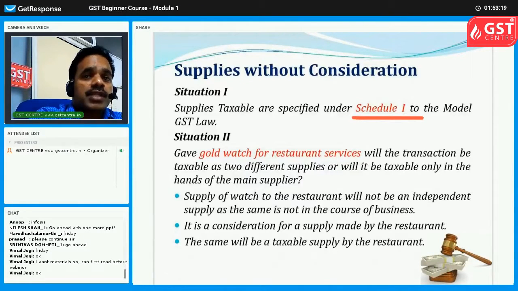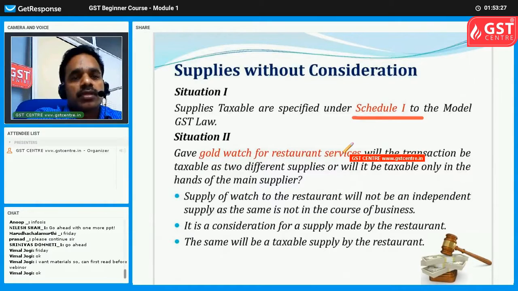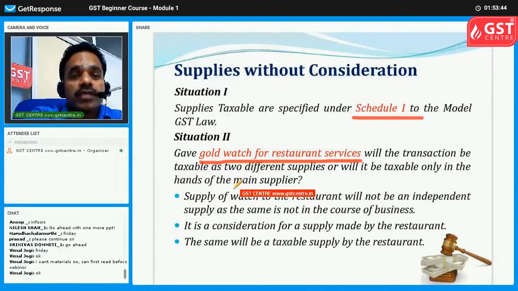There are some transactions listed under Schedule 1 of the GST Act, and we have to check whether these transactions are covered, and if covered under Schedule 1, we are liable to pay GST. Let us take one example. I went to a hotel for having food. I had no money, and I gave my gold watch. Sorry, I don't have any gold watch, but for example, I am putting it like that. I am giving the gold watch to the supplier.